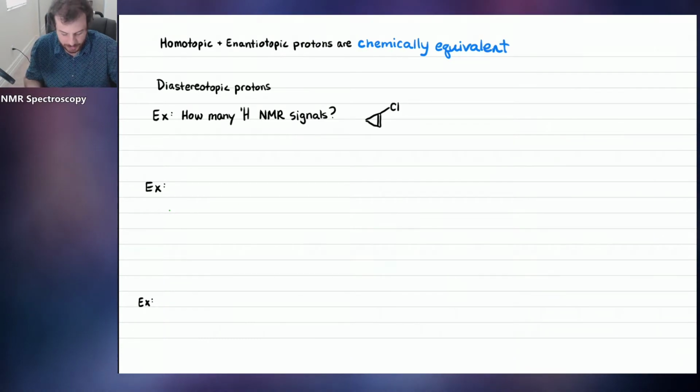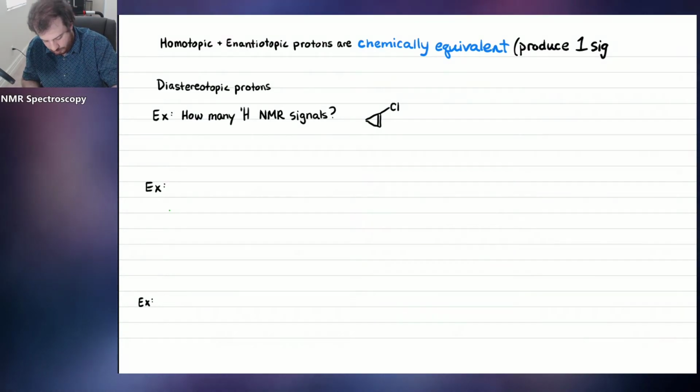And that means they only produce one signal in NMR. Versus diastereotopic protons, they produce different signals.